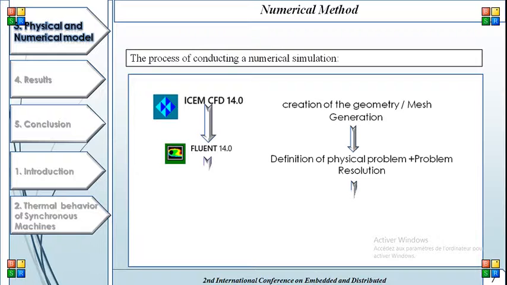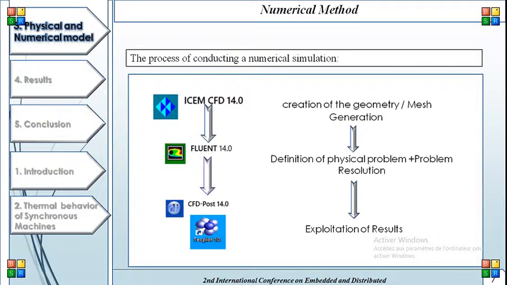So the last step is post-processing, by using CFD-Post to plot the profiles of temperature, velocity and pressure. Moreover, the CFD technique has become a tool widely used for most particular applications to study the flows by the numerical resolution of the equations governing the fluids.